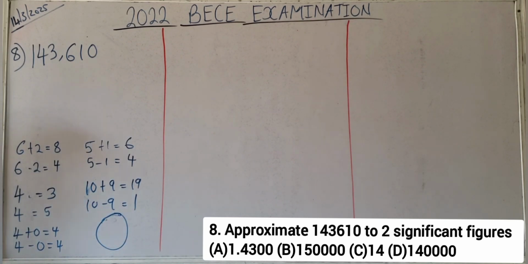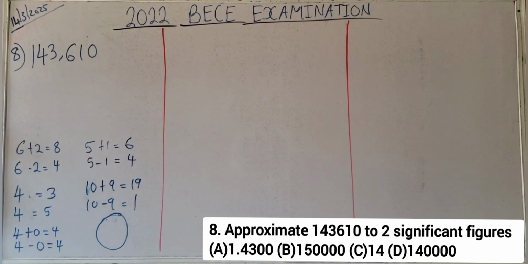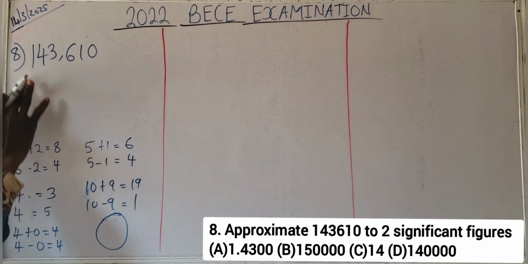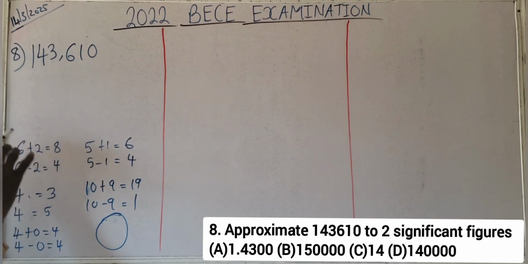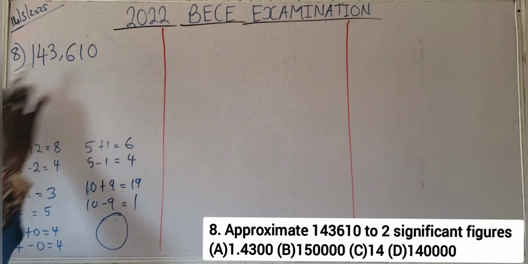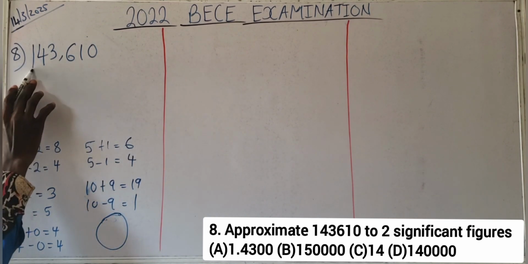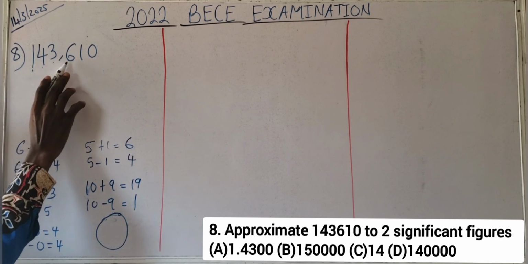You understand? Now look at the question that we are given. We are asked to approximate 143,610 to two significant figures. Now look at the figure that we have. We are having how many significant figures in this number? We have 5 significant figures. We have 1, 2, 3, 4, 5.